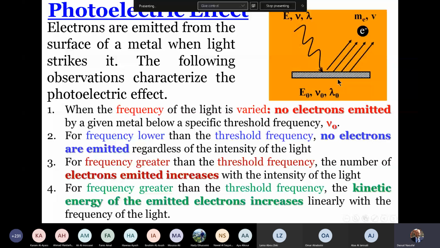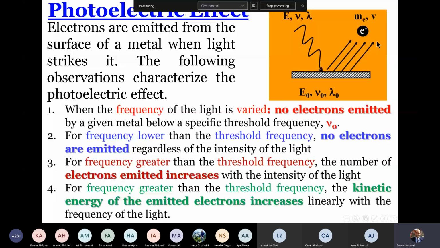If E of the radiation that strikes the metallic piece is greater than E0, or in other words, if nu of the frequency is greater than nu0 of the metal, or if lambda of the radiation is greater than lambda 0 of the metallic piece, we observe ejection of electrons from the metallic piece.